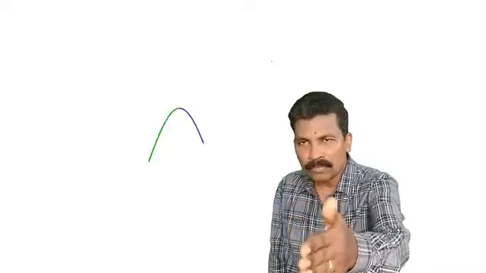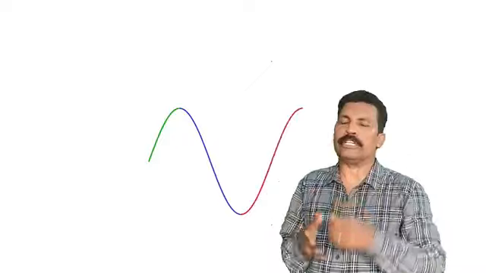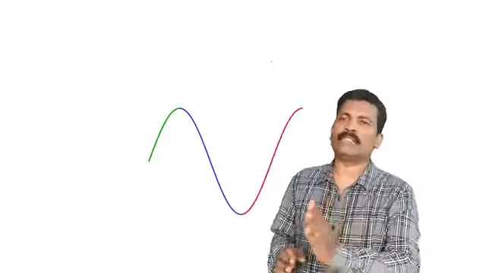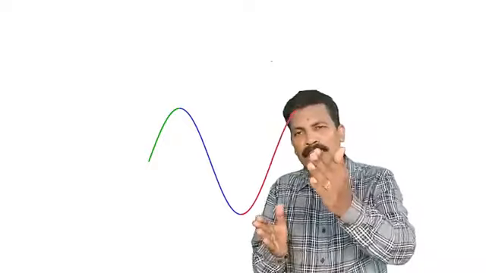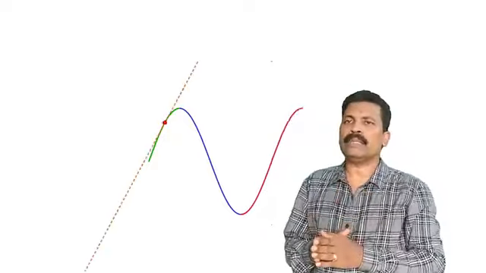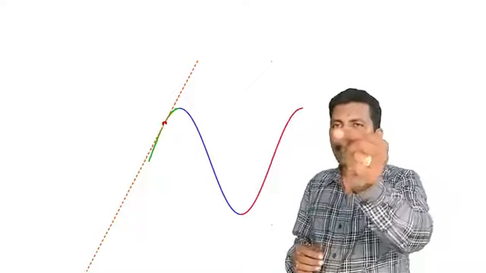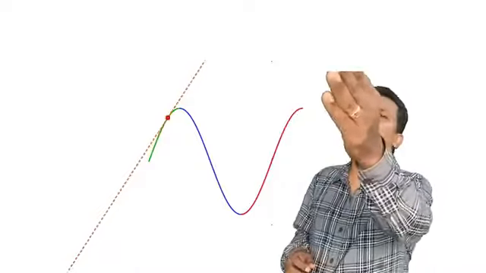Let us consider the graph of a function which is going up, then coming down, then again going up like this. The green portion alone is going up. The blue colored portion is going down, whereas the red colored portion is going up. Now you can see at every point on the green colored portion, the tangent has a positive slope.